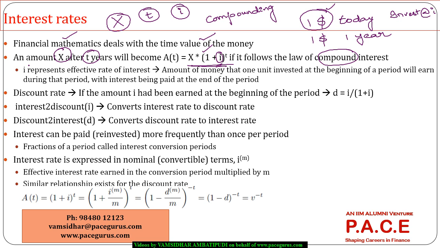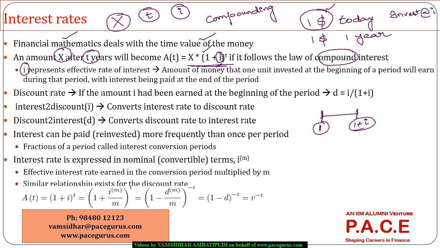This i is very important for us because we are dealing with interest rates. This i is called the effective rate of interest. Take one single period, let's say a year. I am depositing 1 at the beginning of the period. How much will it become at the end of the period? It becomes 1 plus i.